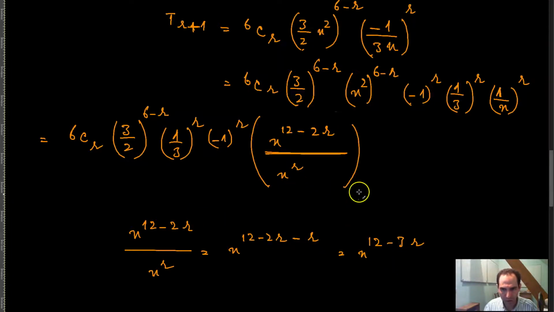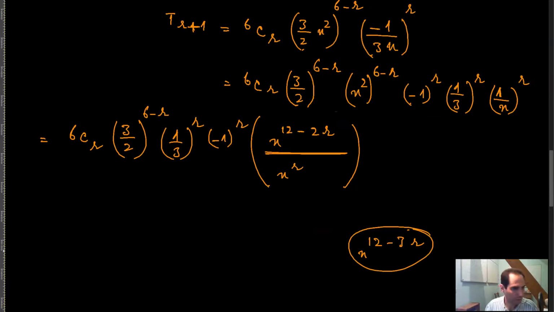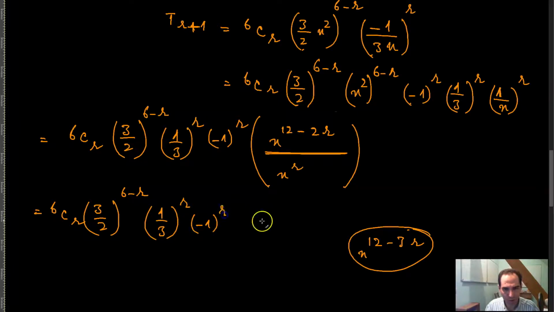So I can write this whole thing as 6Cr, (3/2) raised to the power 6 minus r, (1/3) raised to the power r, (−1) raised to the power r, x raised to the power 12 minus 3r.